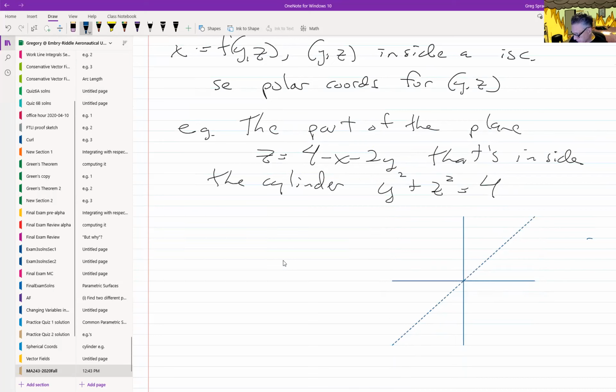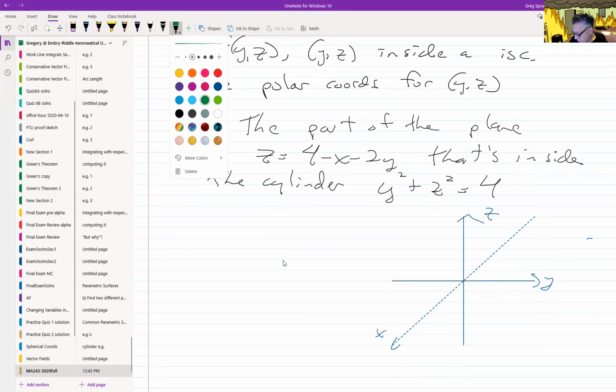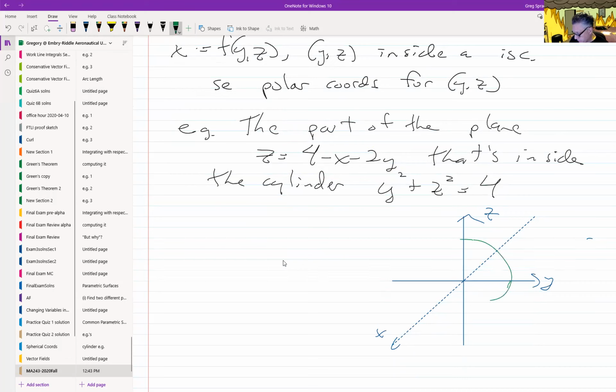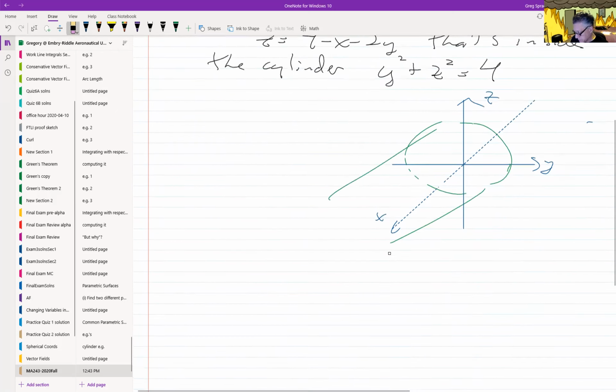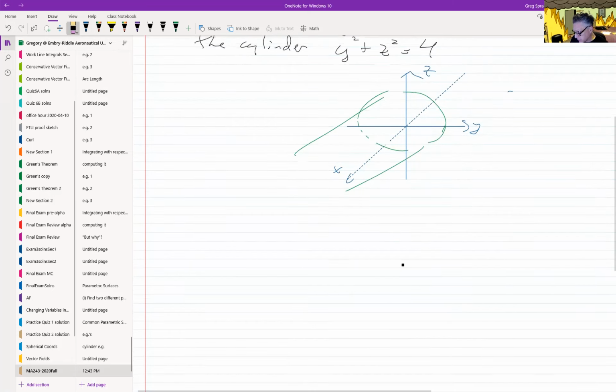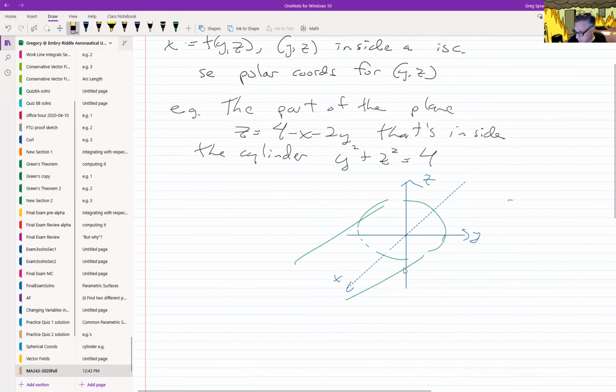So a sketch is helpful. This cylinder has radius 2, and it wraps around the x-axis. And we want the part of a plane that's inside that cylinder. So this is a flat surface. It's not a cylindrical surface. It's part of a plane that's inside a cylinder.